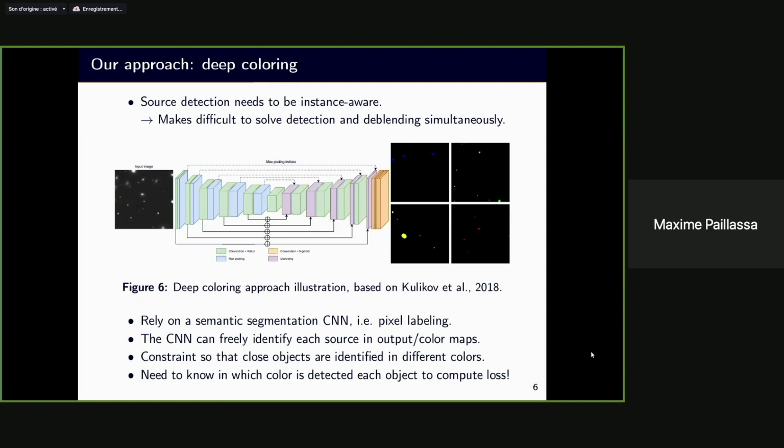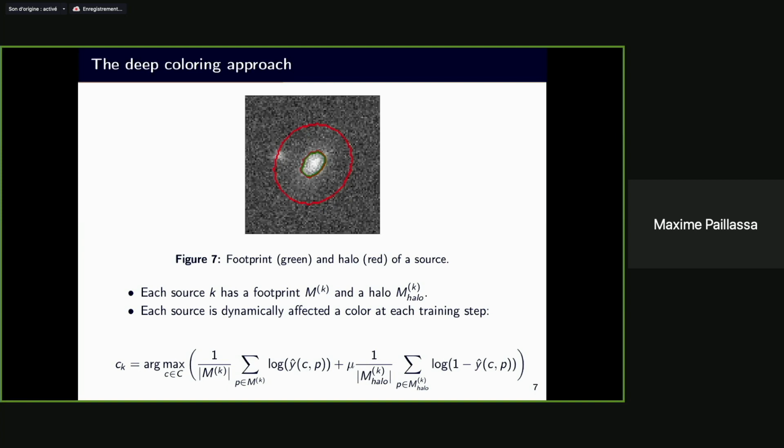The difficulty of this approach is that to compute the appropriate loss, we need to know where each object has been identified by the network during training. So we have to assign a color to each object. For each source, we define a footprint, shown in green here, which defines the pixels that we want to flag to identify the source. And we define a halo, depicted by the red area around the object, which shows a neighborhood of the object.